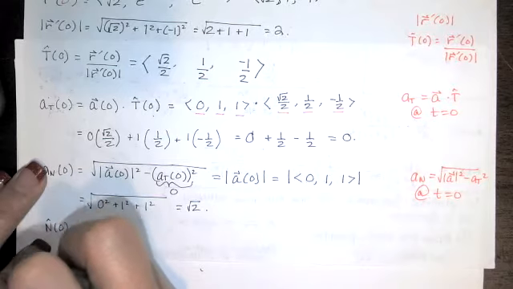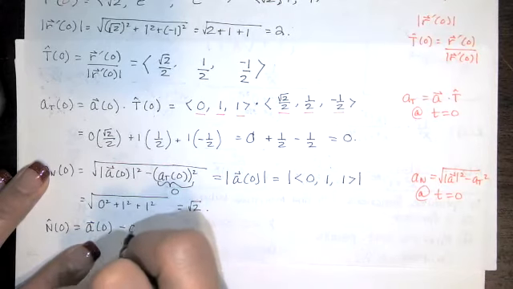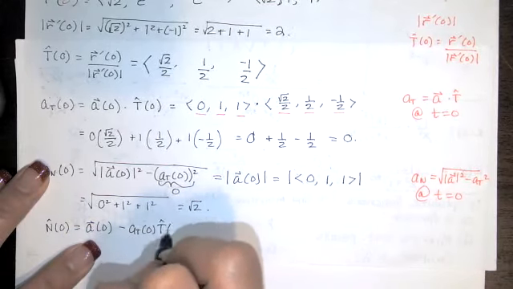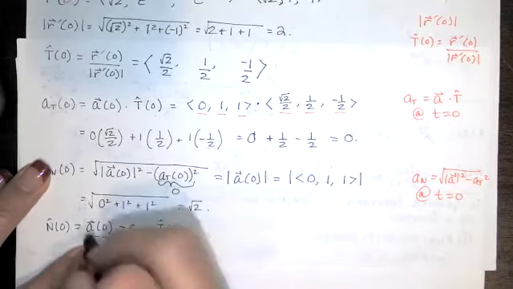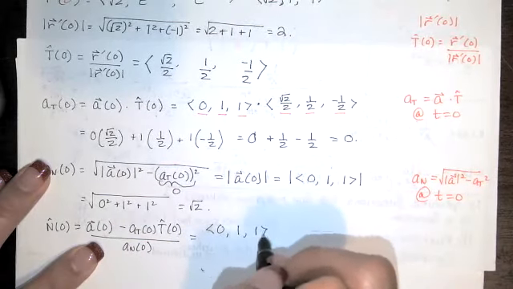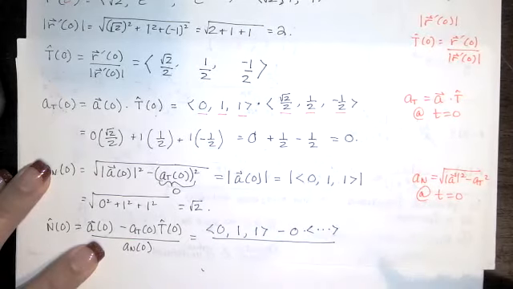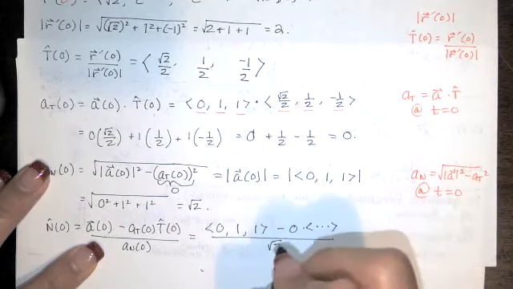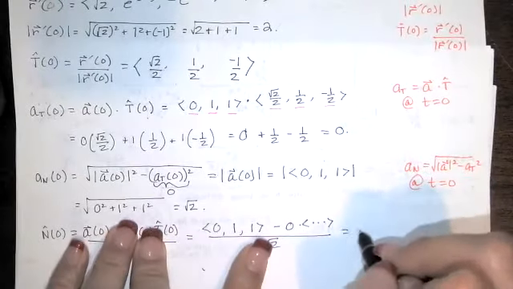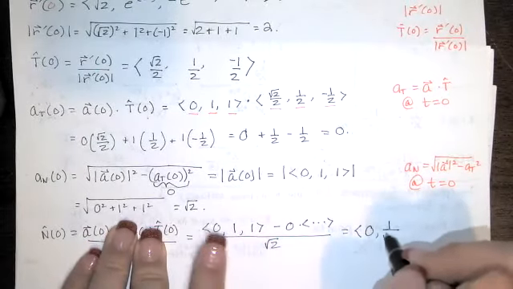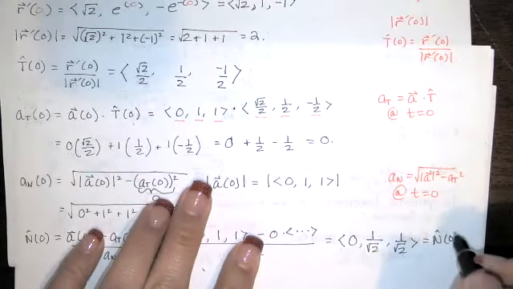In general, for t equals 0, I'd have this vector with components 0, 1, and 1, and then I have 0 times something. It doesn't even matter what that vector is because 0 times that vector is going to be the 0 vector, divided by the square root of 2. So I'm basically just taking my acceleration and dividing it by square root of 2. So I have the vector with components 0, 1 over square root of 2, and 1 over square root of 2. And that is n hat at time t equals 0.